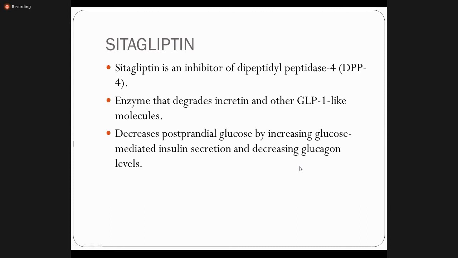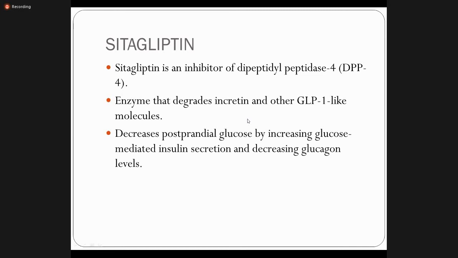So why is inhibition of this enzyme necessary? Because this enzyme, dipeptidyl peptidase 4, degrades incretin and other glucagon-like peptides, right? So if there is degradation of this incretin and glucagon-like peptide, so what? Because this incretin is released from the endocrine cells of the intestine in response to food.